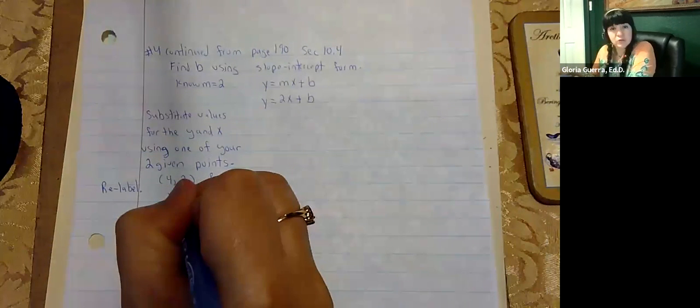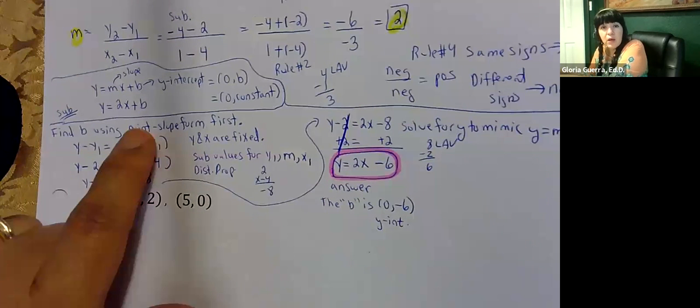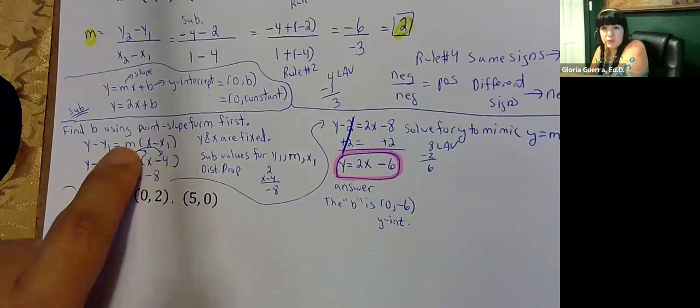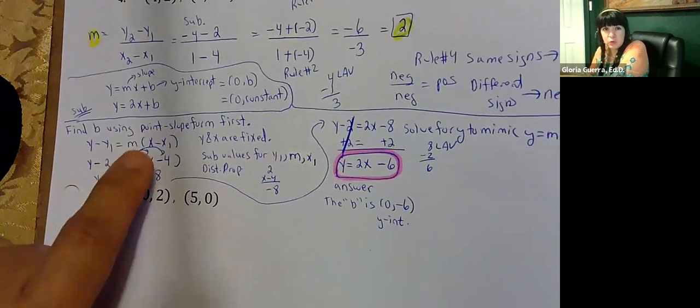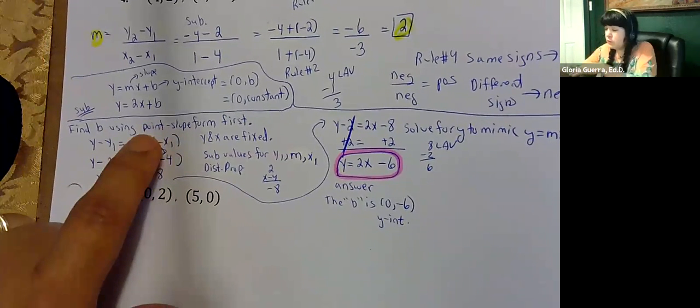And that's okay, you can do that. On the point slope formula, the y and the x are fixed. You cannot substitute numbers for y and x when you use the point slope formula, but for this one, you can.